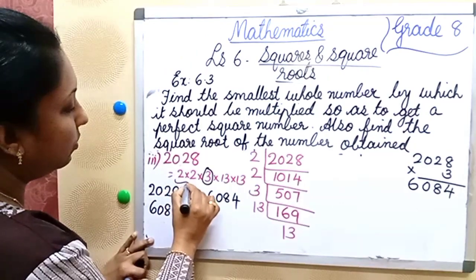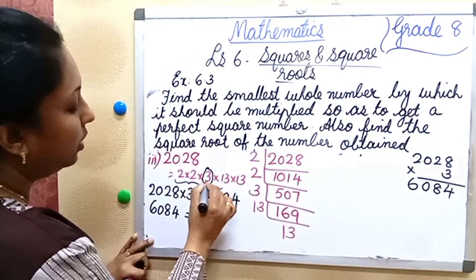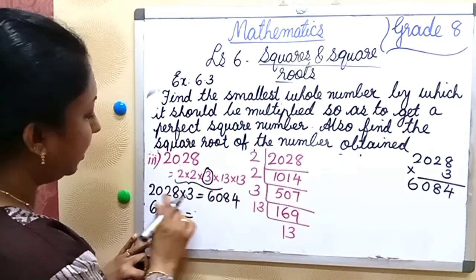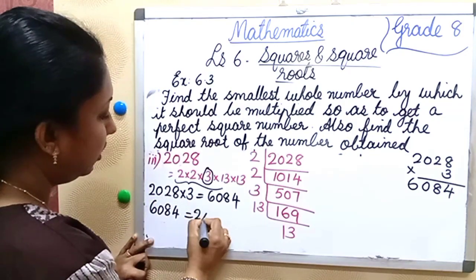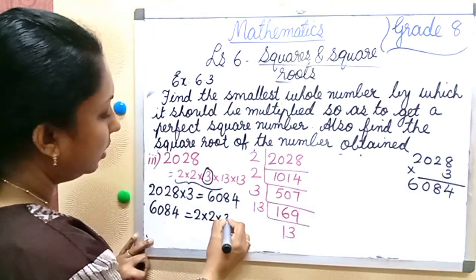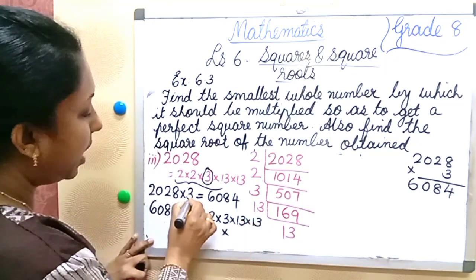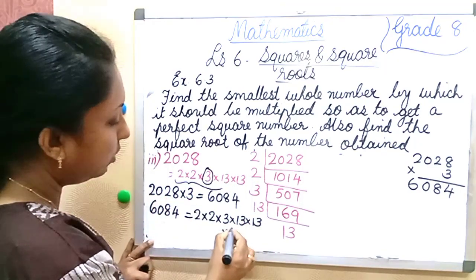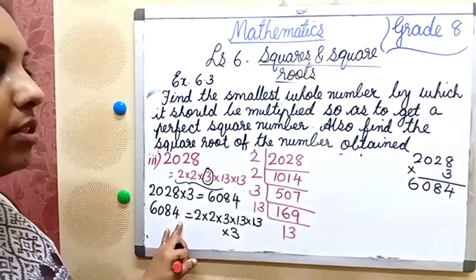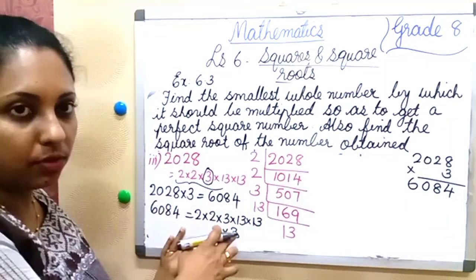So 2 into 2 into 3, 13 into 13, that is 2028. Then we multiply 2028 into 3, then only we will get 6084. This way also we can do.